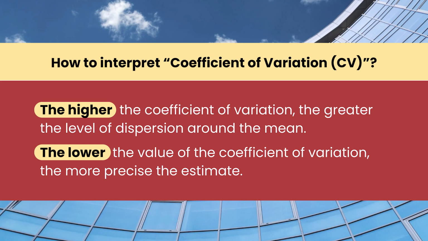On this page, I would like you to have the concept of how to select the business that brings you less risk by using the coefficient of variation. You can notice from this page that the higher the CV, the greater the level of dispersion around the expected return, while the lower the coefficient of variation, the more precise the estimate.